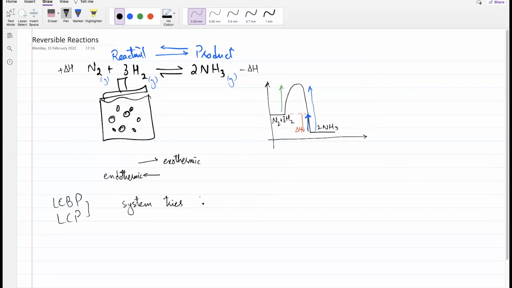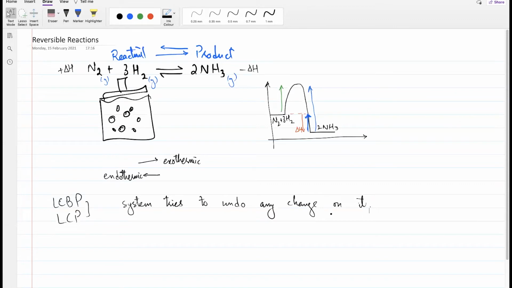tries to undo any change on it. Okay? So that's really simple. If you go to Wikipedia or any other website to figure out what it is, it's possible that they'll give you a much more detailed concept for this.